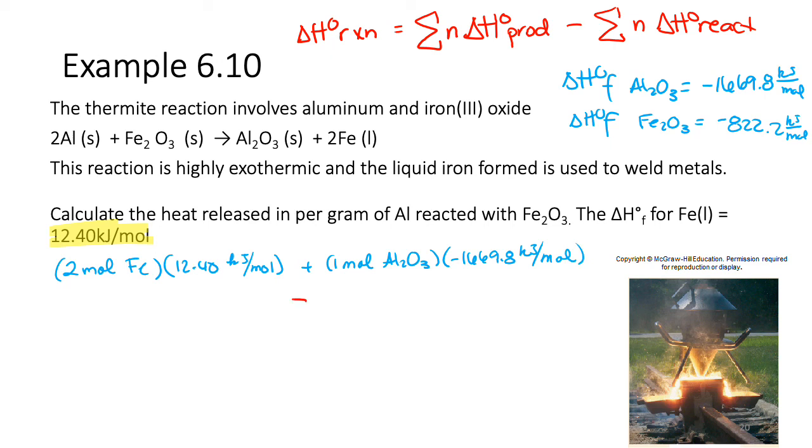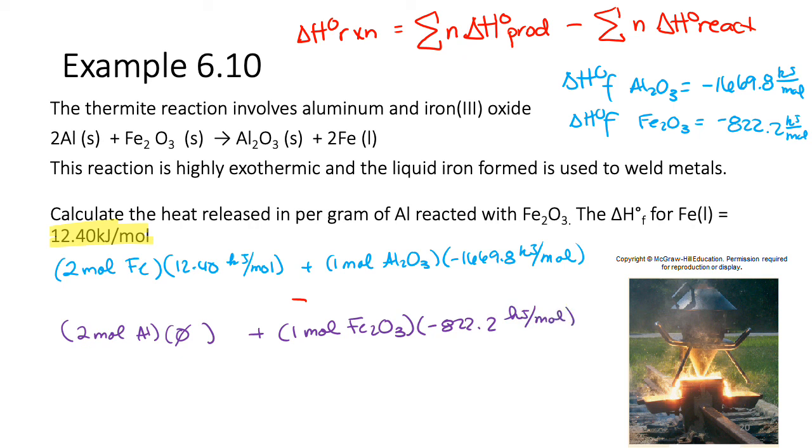From that, I'm going to take away my reactants, which I have 2 mole of aluminum times 0, because aluminum is a solid at room temperature, plus 1 mole of Fe2O3 times the value, which is negative 822.2 kilojoules per mole. So I am going to solve my products first. 2 times 12.4 plus negative 1669.8.